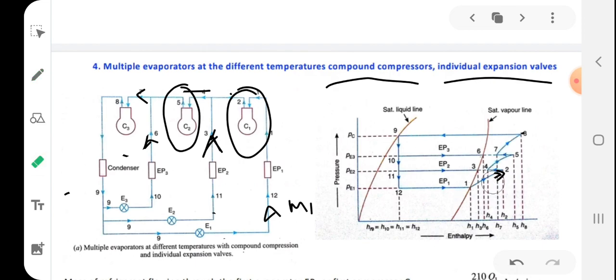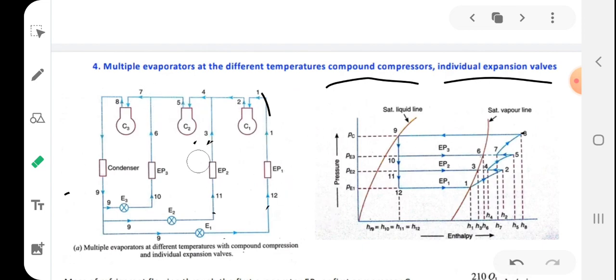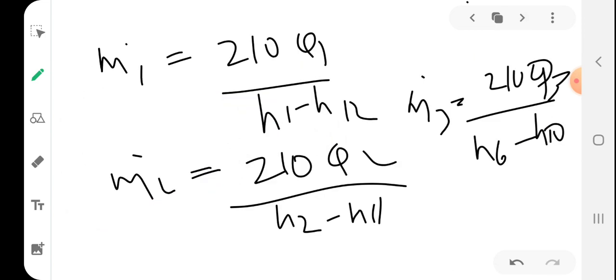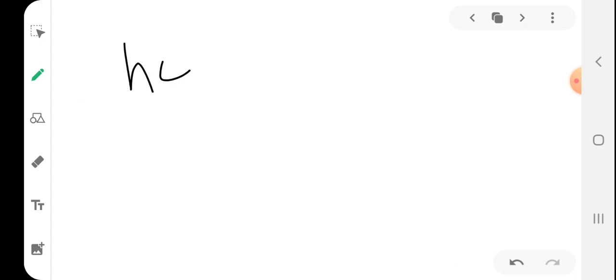Since there is mixing taking place at this point and this point, mixing of two streams, at points 4 and 7, in order to find the enthalpy at the points h4 and h7, you should apply the thermal equilibrium condition.